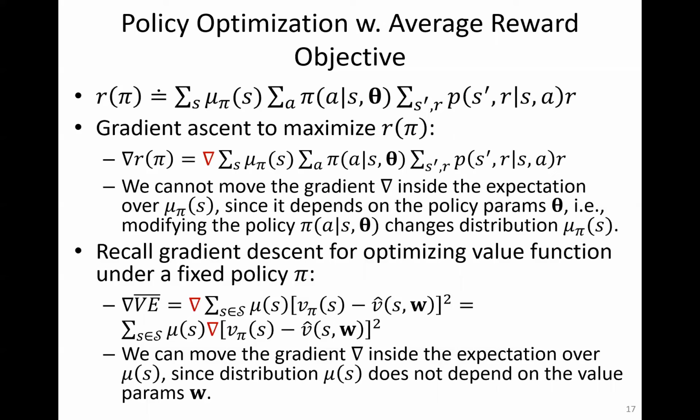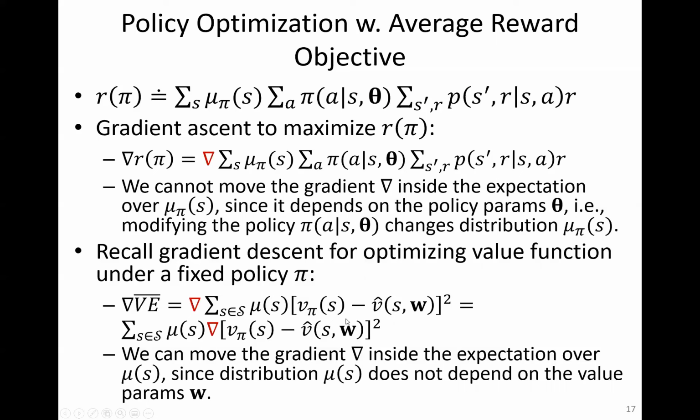If you contrast this with gradient descent for optimizing the value function under a given fixed policy pi, as we saw before, you can move the gradient operator inside the expectation over the states, because the distribution mu pi is not dependent on the value parameters w.